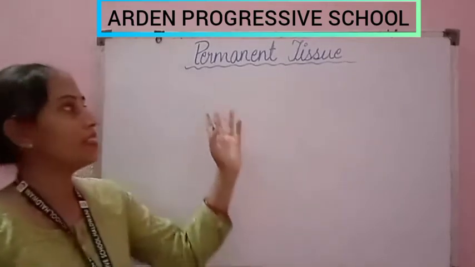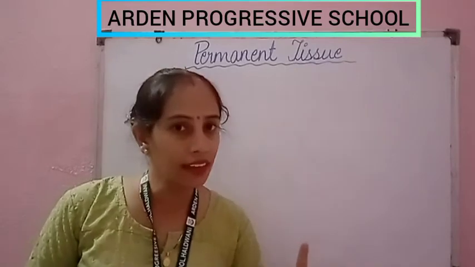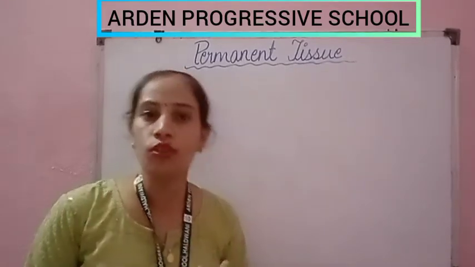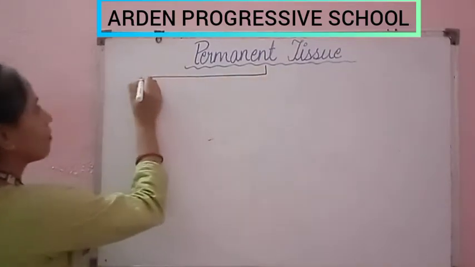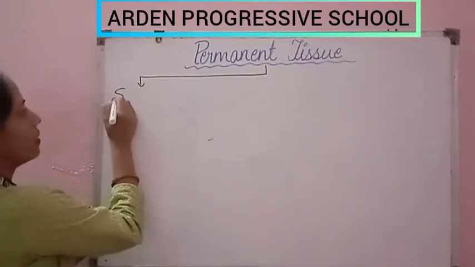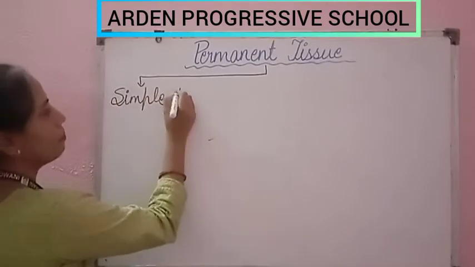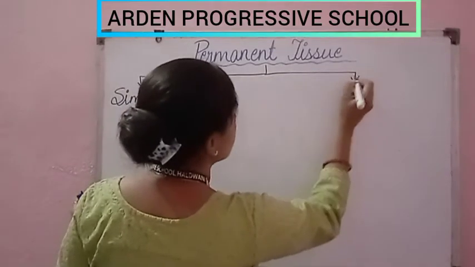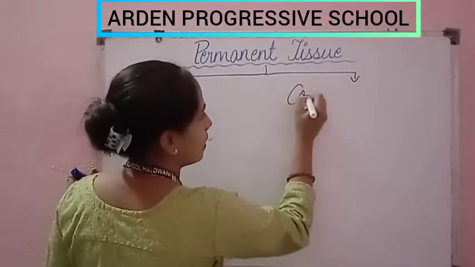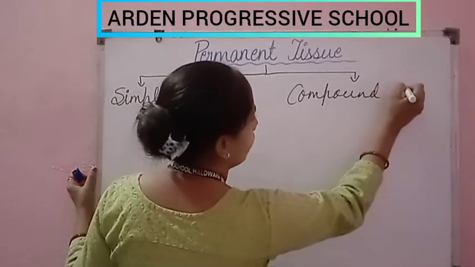So, on the basis of their nature, the permanent tissues are again classified into two types: simple permanent tissue, and the next one is compound, or complex.